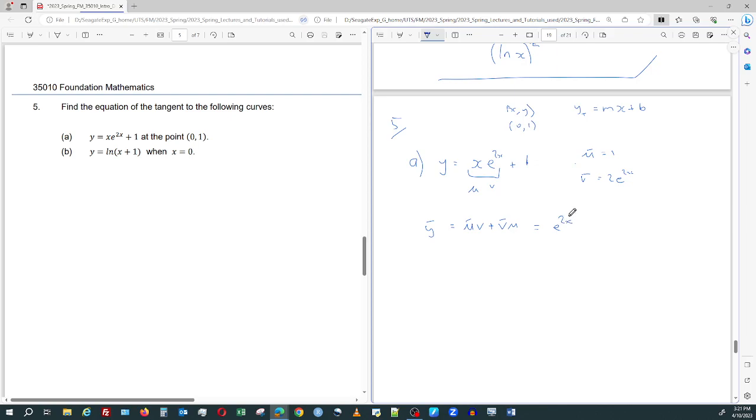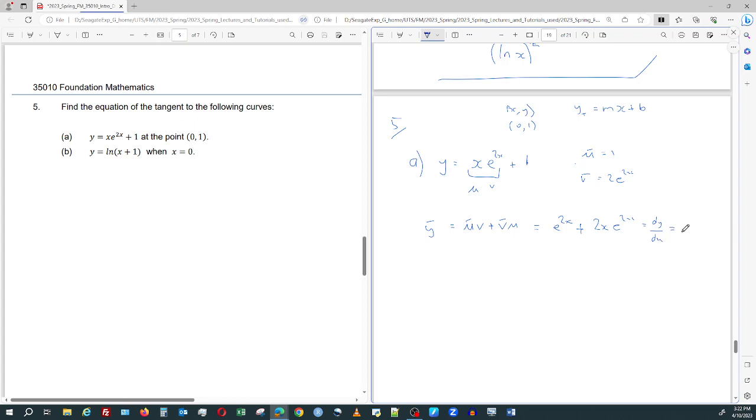Now if that 1 had an x in it or some other term, things would be different, but it doesn't, so I don't need to worry. Plus v dash is 2e to the 2x, and u is x. I'm going to put the x inside the 2 there: 2x e to the 2x. So that's our y dash, that's our dy dx.